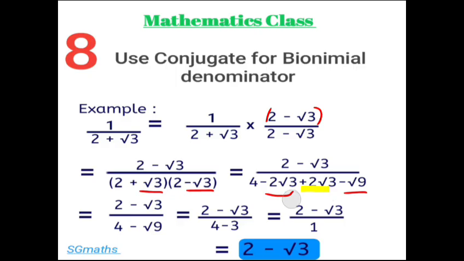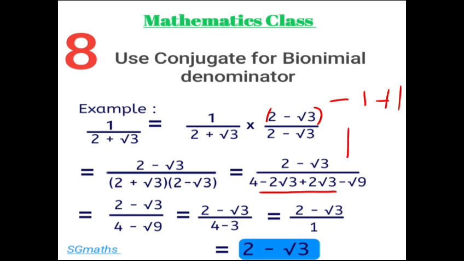So with this now, we now have 4 minus root 9. How? Look at this. Minus 2 root 3 plus 2 root 3 will cancel each other out. It's as if you are saying minus 1 plus 1.